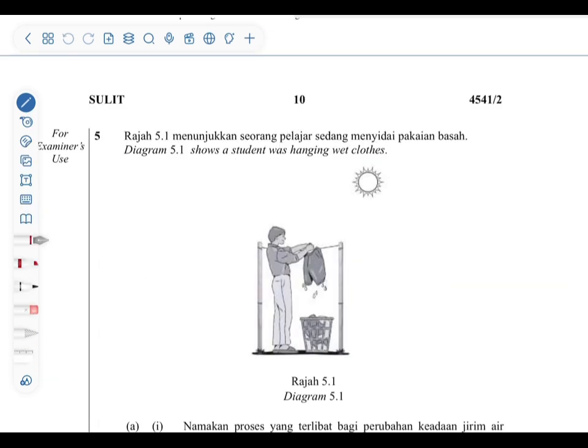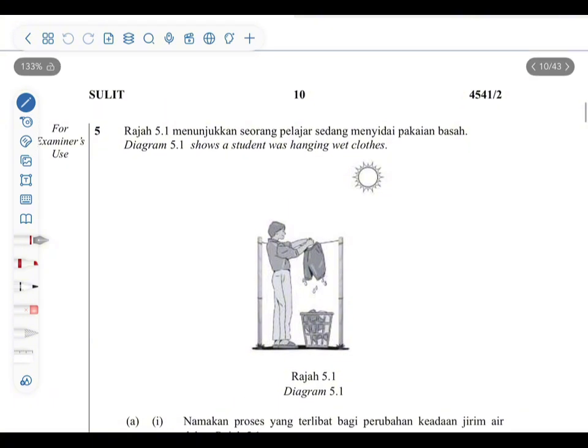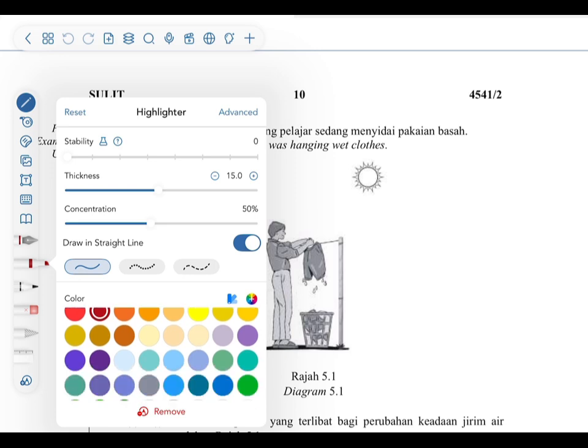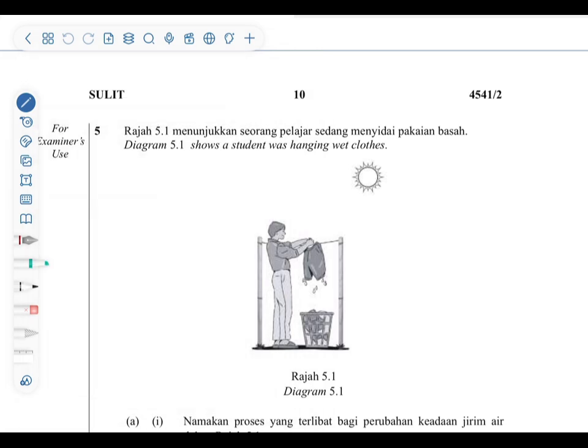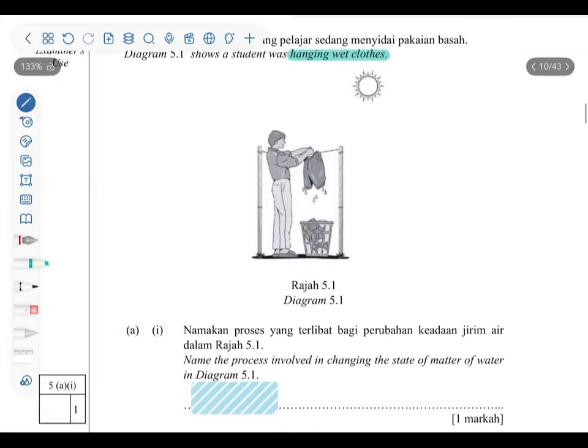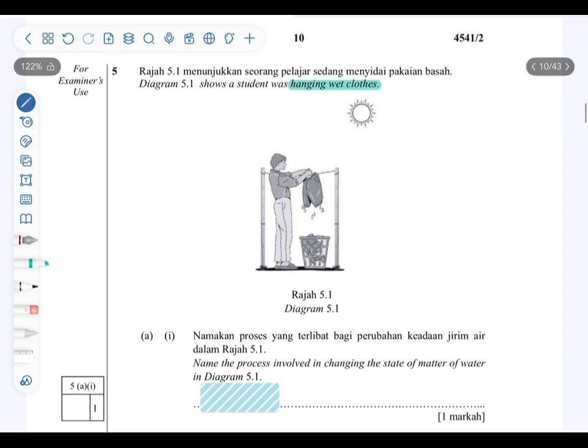Okay, question 5. This is diagram 5.1, which shows students hanging wet cloth. A1: the process involved in changing the state of matter of water in diagram 5.1. There is a sun, and these are the water droplets.